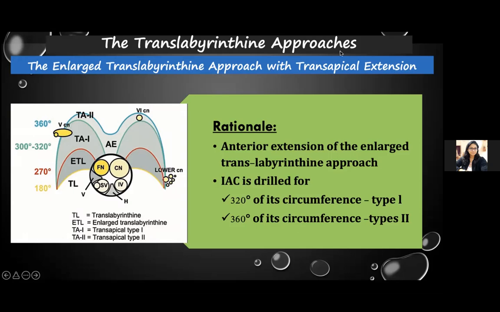Now, in the transapical extension of the enlarged translabyrinthine approach, we will have to go more extensively behind the internal acoustic meatus.